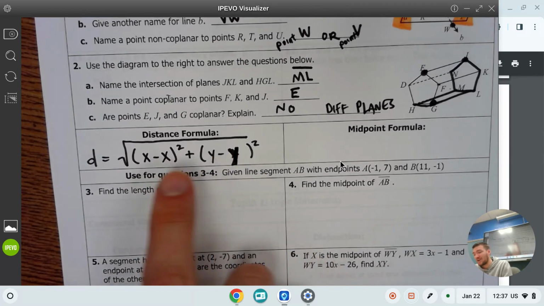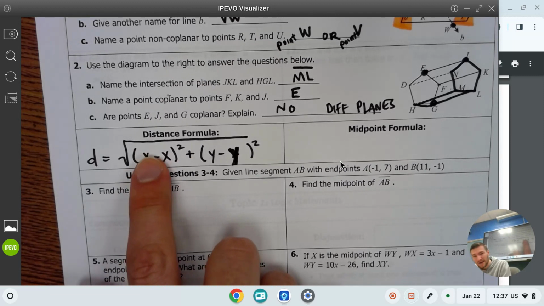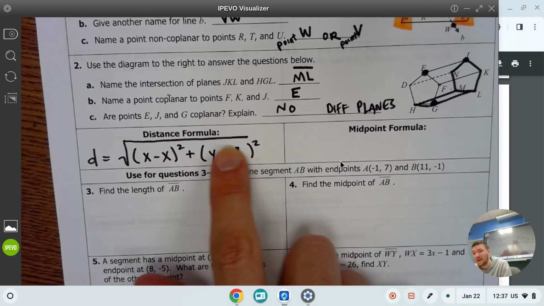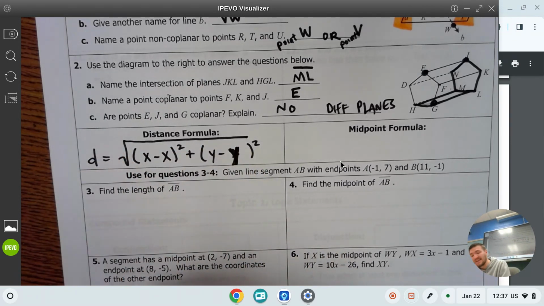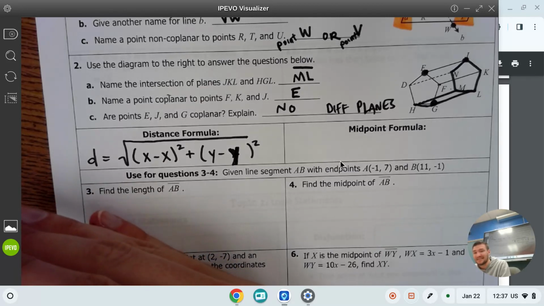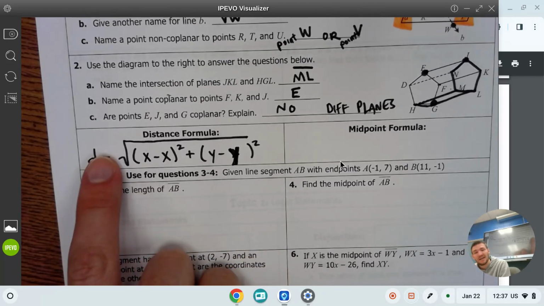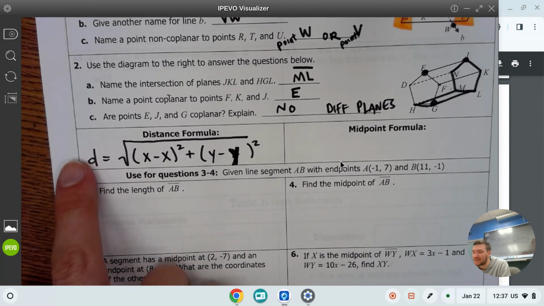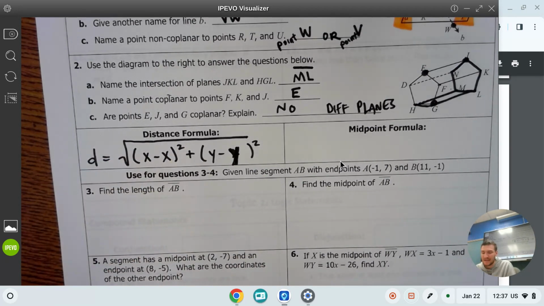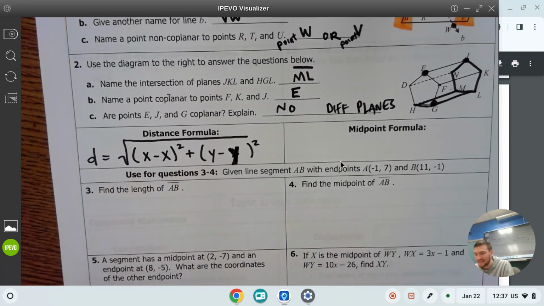And so you've got your x squared plus y squared equals d, the diagonal distance, squared. The reason that this d is not squared is because we square rooted both sides. Anyways, distance formula, it's literally just the Pythagorean theorem.